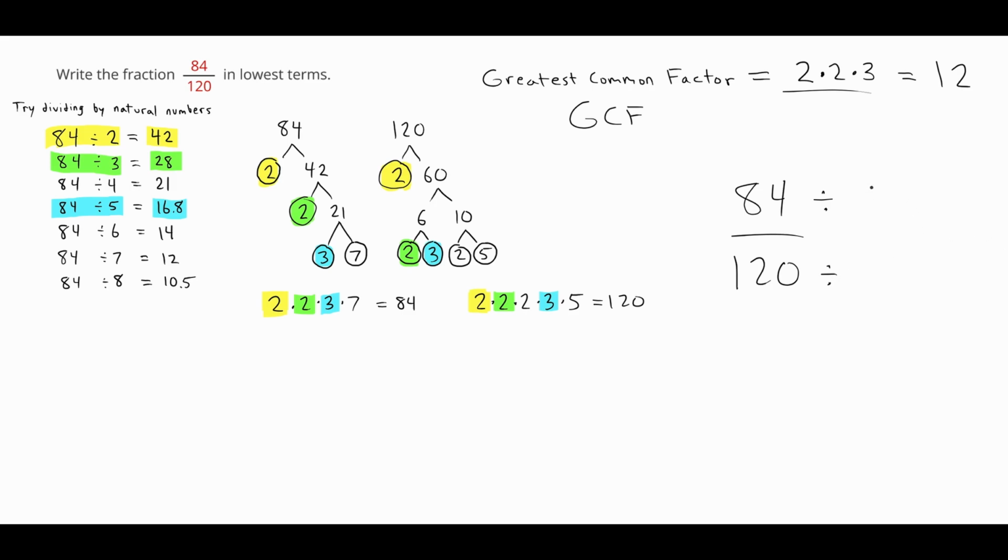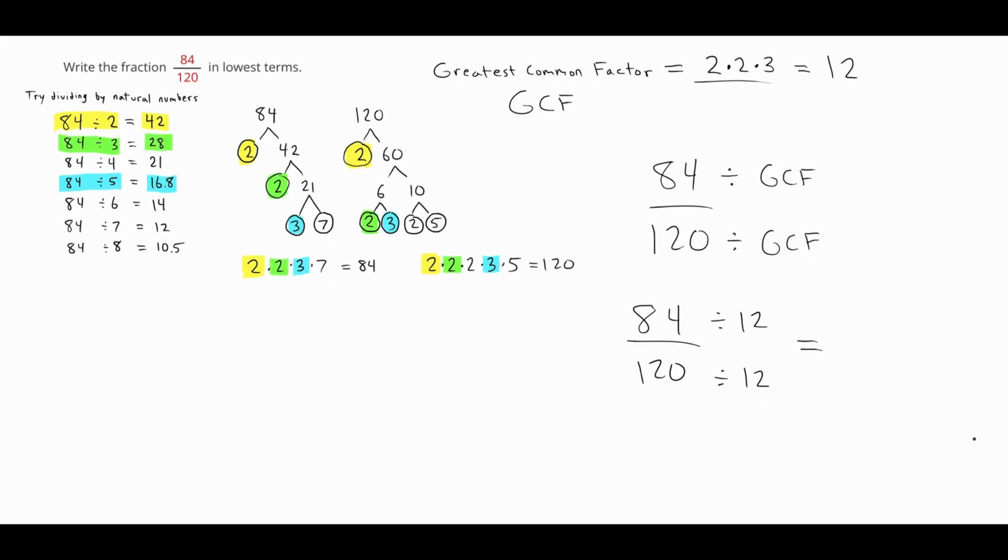The number that we're going to use is the GCF. This is a factor that they both have in common, that both will be divisible by in a nice way. So we're going to do 84 over 120, divide that top number by 12, and divide the bottom number by 12 as well. So let's do that on calculator.